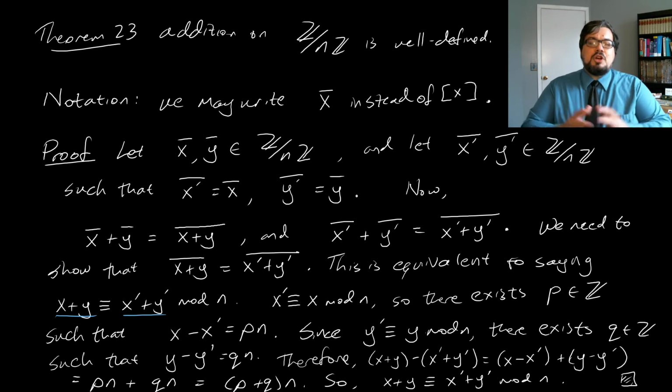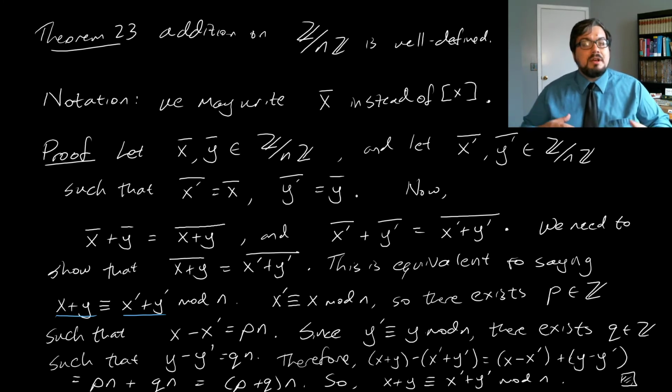So this theorem shows that the addition that we wanted to describe on Z mod NZ is well defined. It means that it makes sense at all, which is the first thing that you need to check whenever you are looking at a group that has representatives where each element of that set can be written in multiple different ways.